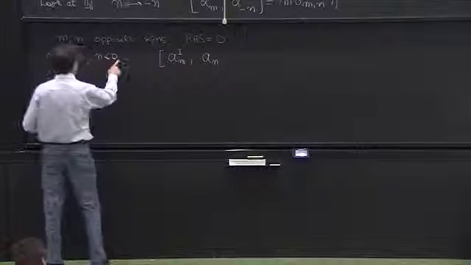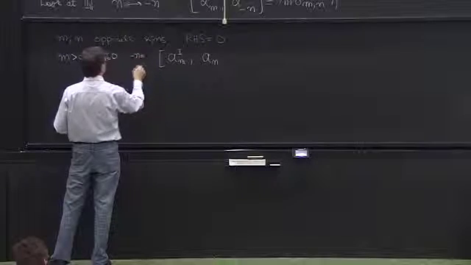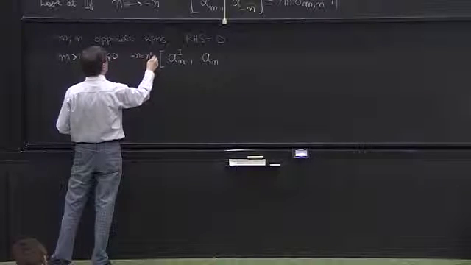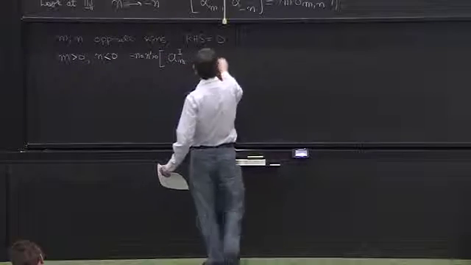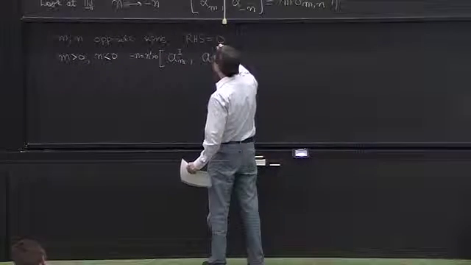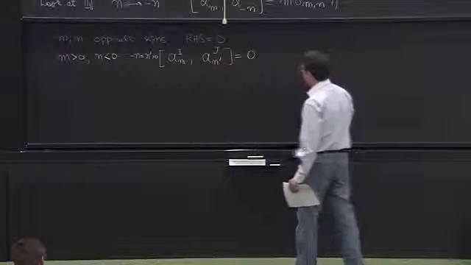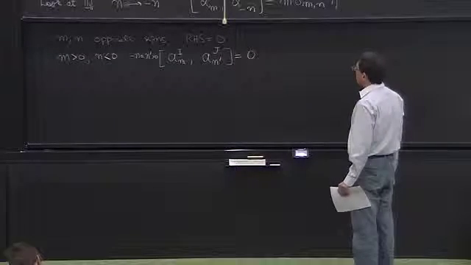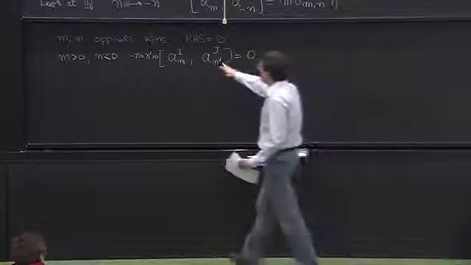If n is negative, then minus n is equal to some n prime that is positive. So in that case, this is a n prime j, and this must be 0. n is negative, minus n is n prime positive, and therefore you get this.